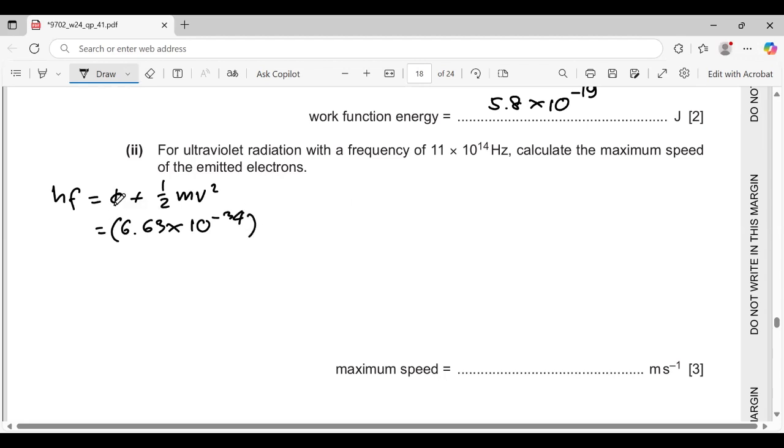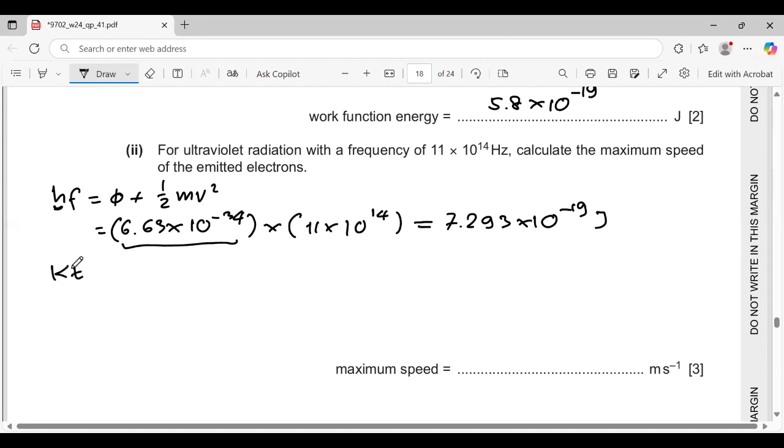This is the Planck constant, okay? And f is 11 times 10 to the power 14, equal 7.293 times 10 to the power minus 19 joule. So this is hf.